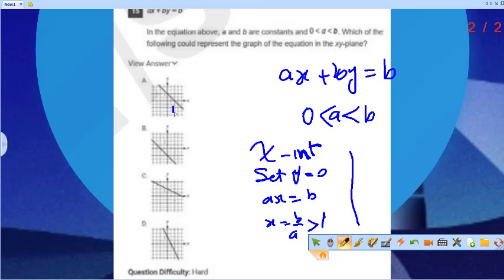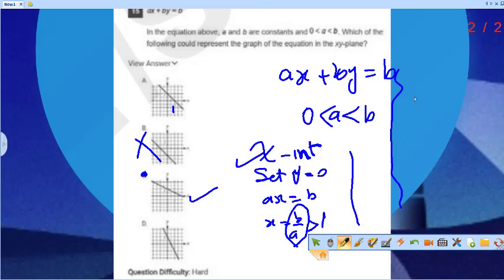This is 1. This is negative. This is no. This is more than 1. This is less than 1. It means it's C, by identifying only the x-intercept. But you must apply this one, b over a, which is more than 1. And one of you today made a substitution.